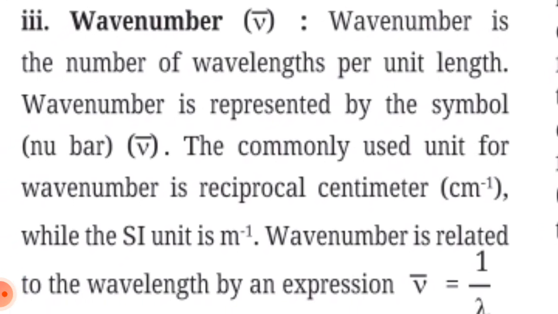Third, wave number, nu bar. Wave number is the number of wavelengths per unit length. It is represented by the symbol nu bar. The commonly used unit for wave number is reciprocal centimeter, per centimeter, while the SI unit is per meter.